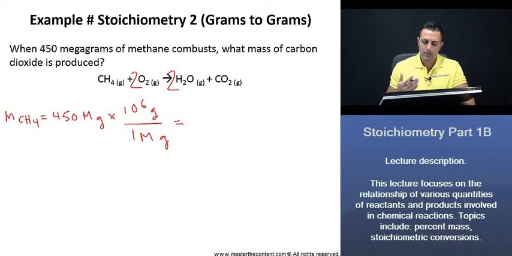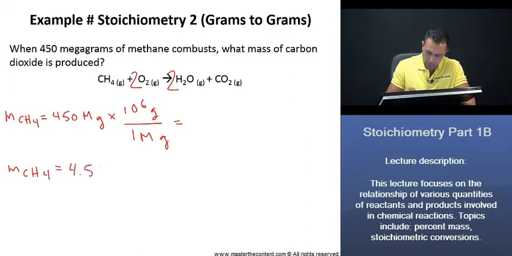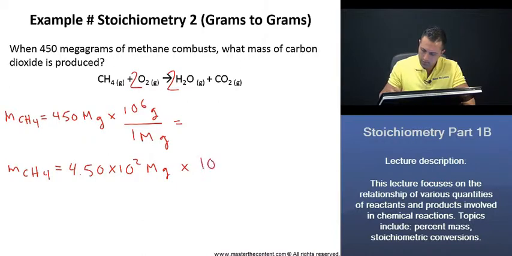To make this problem even easier, we can write our megagrams in scientific notation as such: 4.50 times 10 to the power of 2 megagrams, times 10 to the power of 6 grams over 1 megagram.